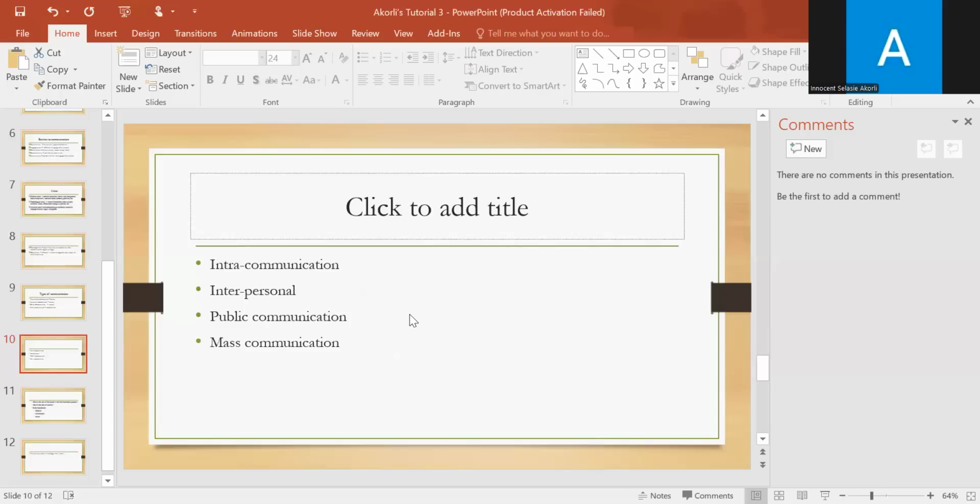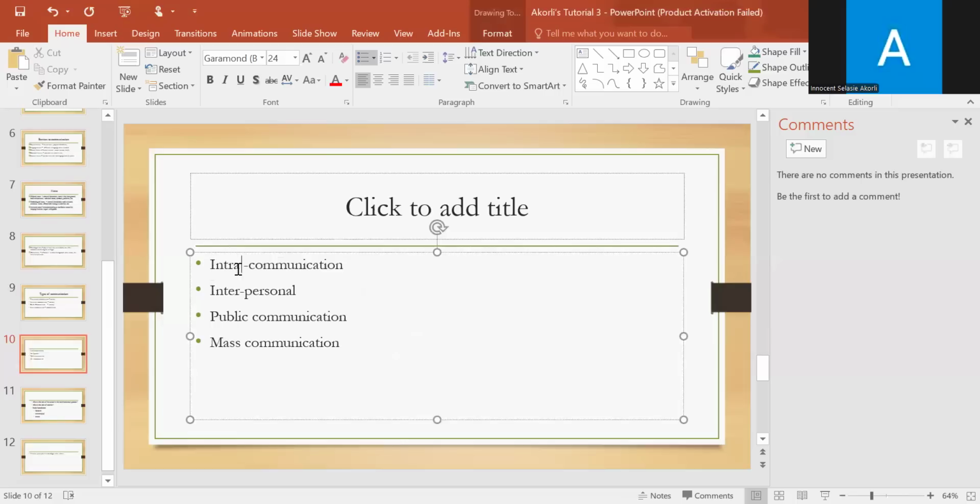We talked at length in class about intrapersonal communication. Intra means what? Within the same person. For example, if you are contemplating whether to go and study on your own or you want to go with a friend, you begin to contemplate, maybe you are going to think about it, and you are sometimes in a dilemma.